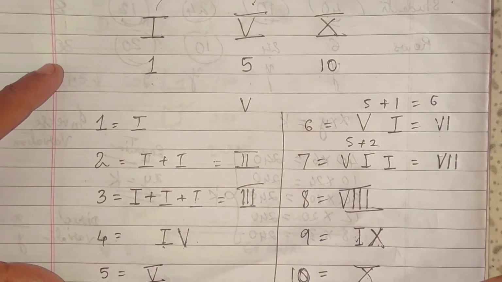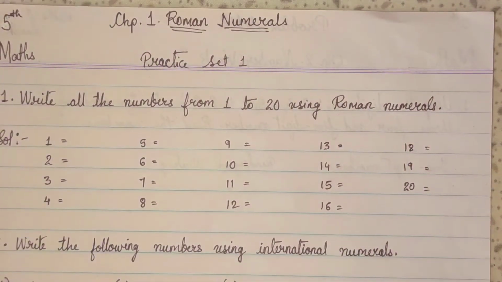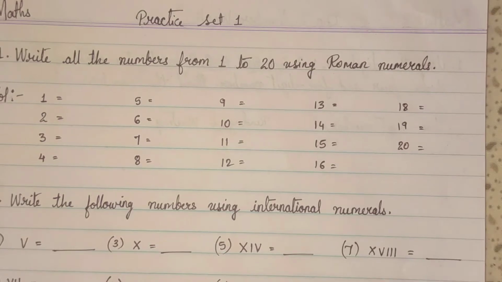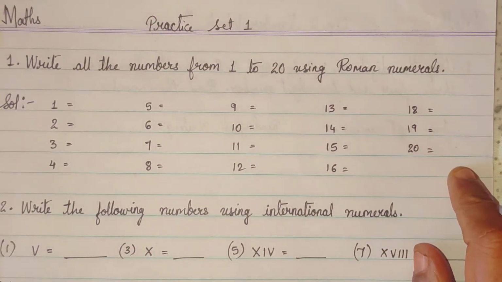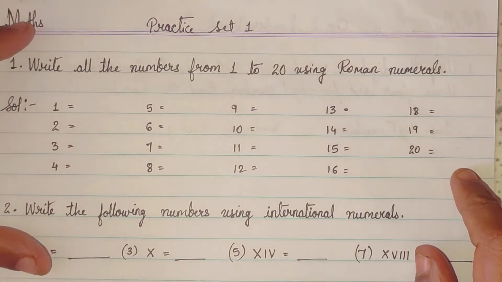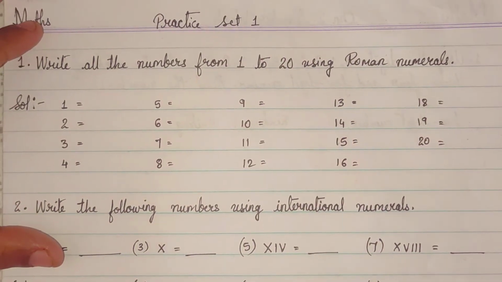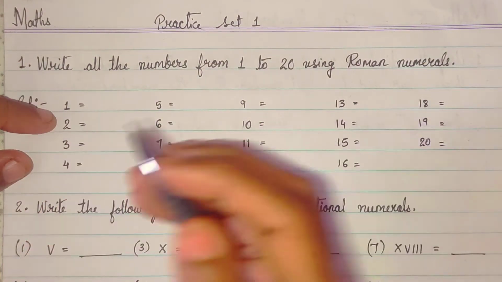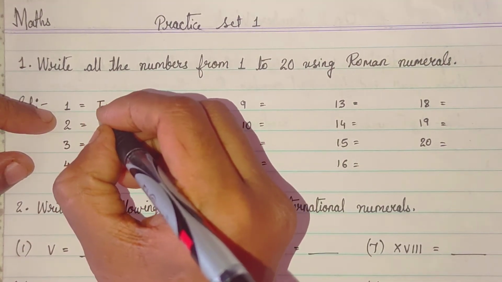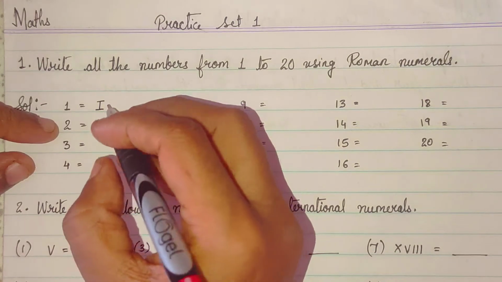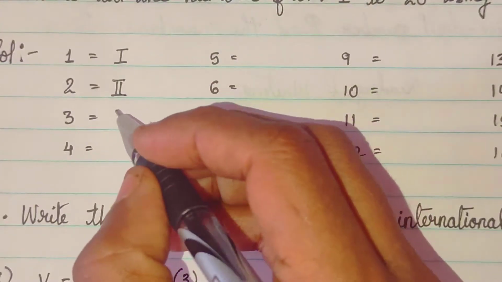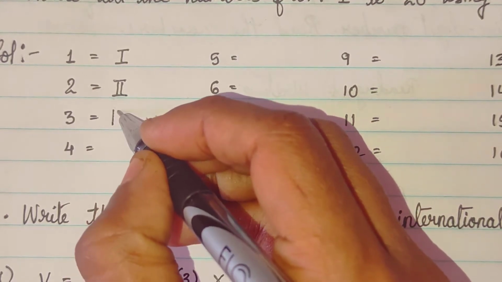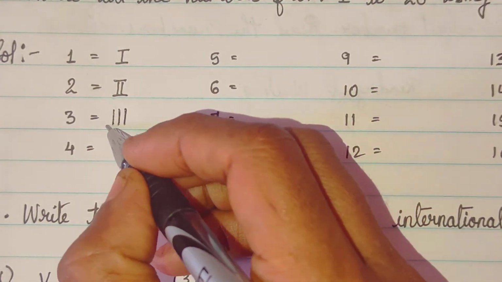Okay, so let's see. Write all the numerals from 1 to 20 using Roman numerals. So just now we learned, 1 stands for I, 1 is made from I. Now 2, that is 2 I's. 3, so 1, 2, 3.